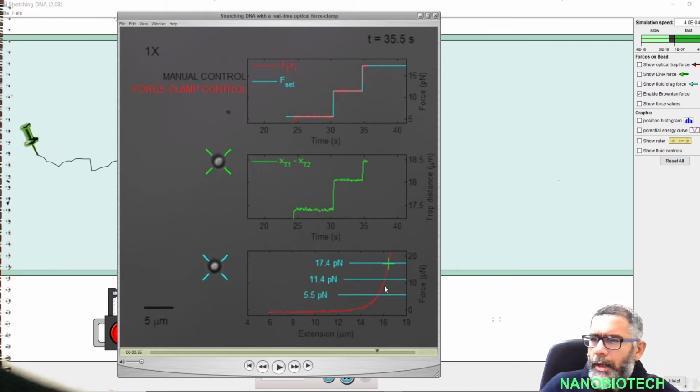So with this he gets some data, and he also gets the distance, because as he moves this open end, the length of the DNA is extending, and he is also able to measure this extension length.